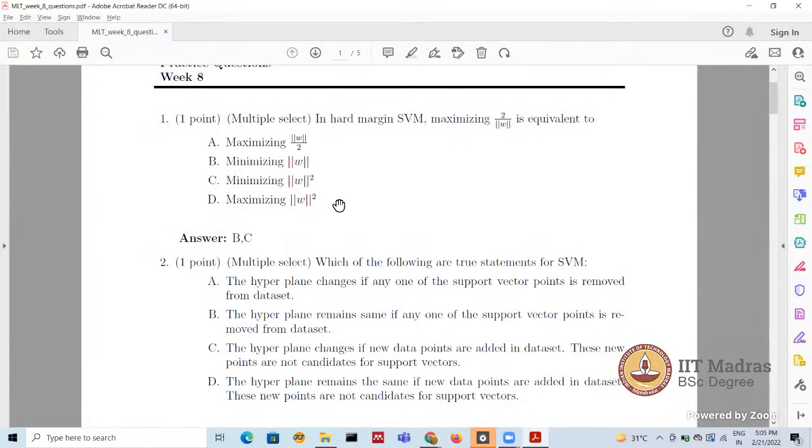So the next question is, which of the following statements are true about SVM? First one is correct: the hyperplane changes if any one of the support vector points is removed.